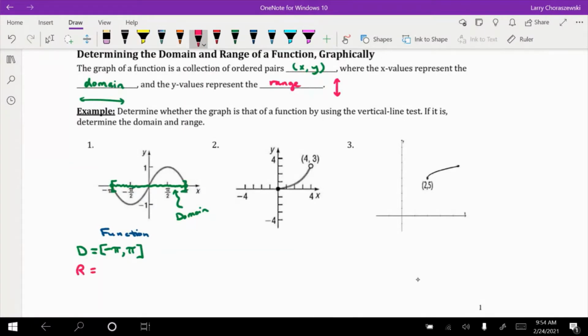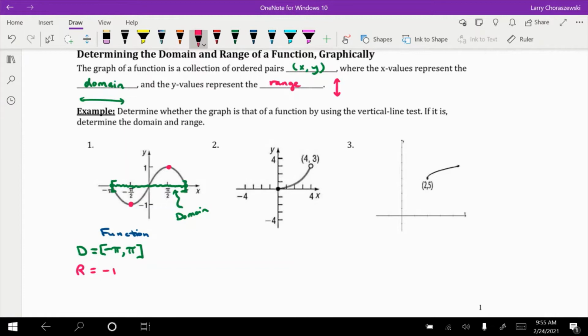Let's think about the range. For the range, we want to think about what the smallest y value is. And you can actually see where that might be in quadrant 3. This is the lowest point on the graph, meaning that the y value for this point is the smallest y value being used. And all things considered, let's call that -1. The largest y value is going to come from this point.